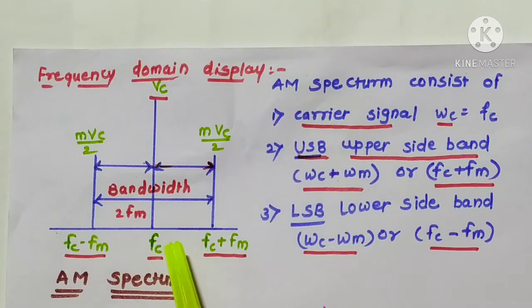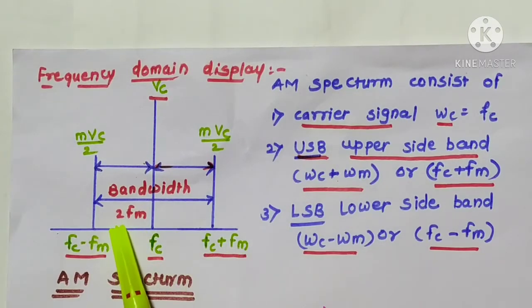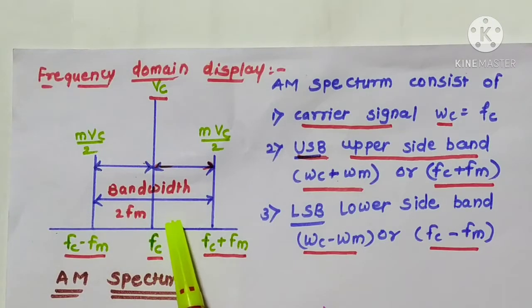The sidebands show variation of the modulating signal on both sides of the carrier, from fc minus fm to fc plus fm, so we can say the bandwidth is twice fm. This is the bandwidth of the amplitude modulated signal.